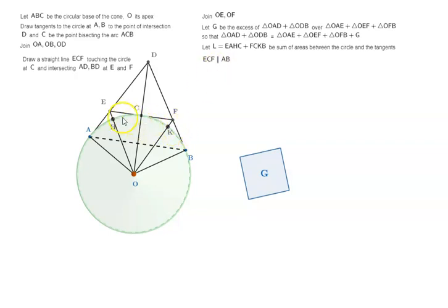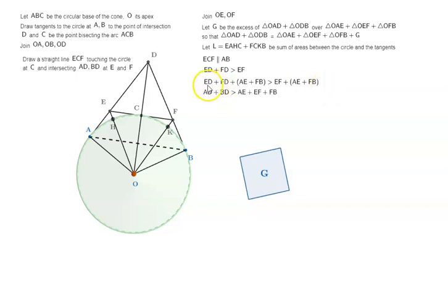Now ECF is going to be parallel to AB. ED plus FD is greater than EF, because the sum of any two sides of a triangle is greater than the third side. To the left hand side and the right hand side, we are adding AE plus FB. So ED plus FD plus AE plus FB is greater than EF plus AE plus FB.